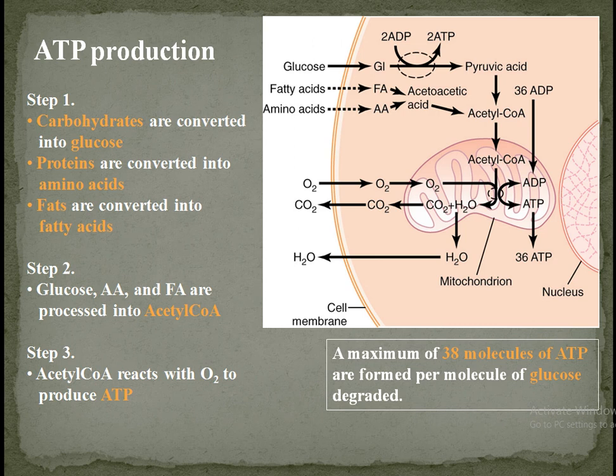So in this way, the highly energetic product ATP is obtained, which is utilized by the different cellular processes. And this whole process takes place inside the mitochondria, and that is why the mitochondria is called the stored energy powerhouse.